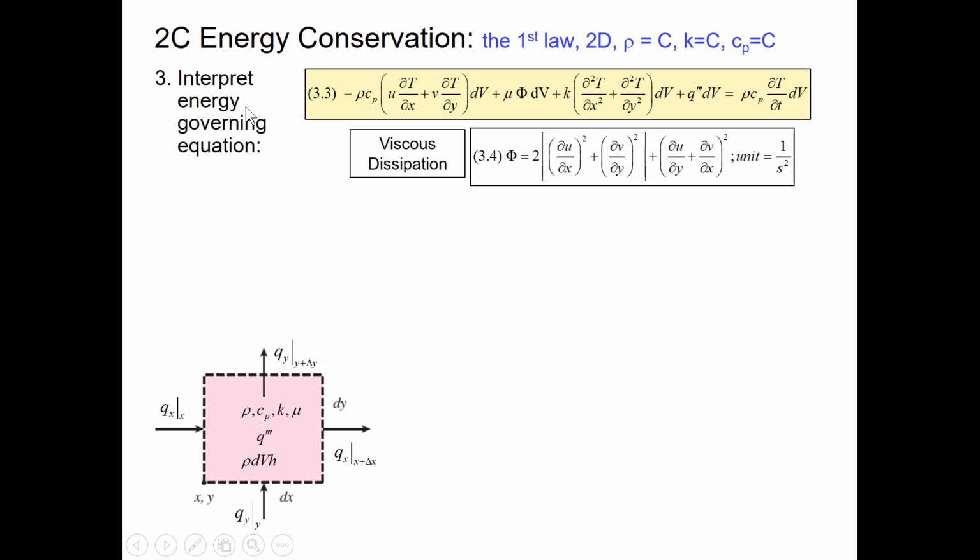Now you may be ready to interpret energy governing equation 3.3 after it is multiplied by the differential control volume dV, with the viscous dissipation phi defined in equation 3.4.